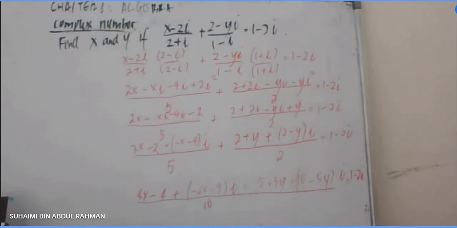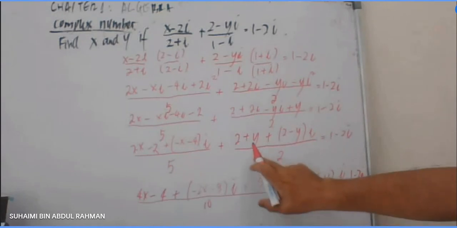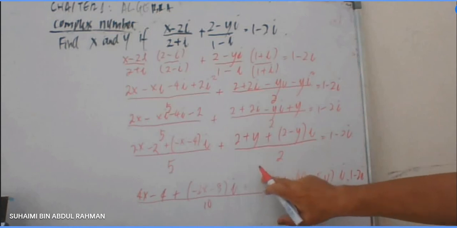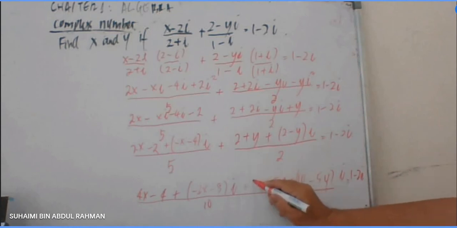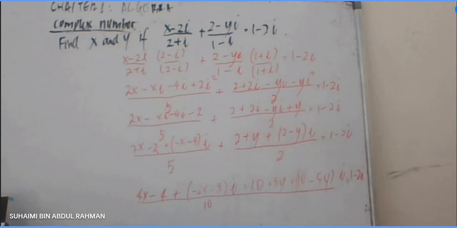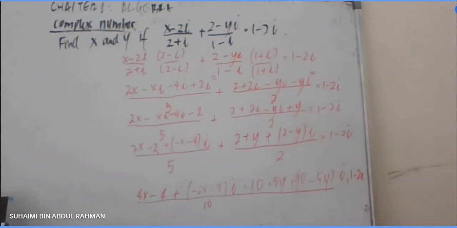Here 2 multiplied by 5 is 10, and y must be multiplied by 5.